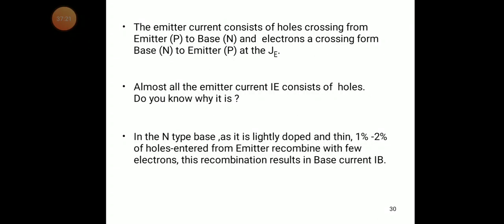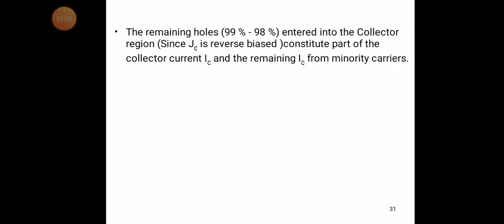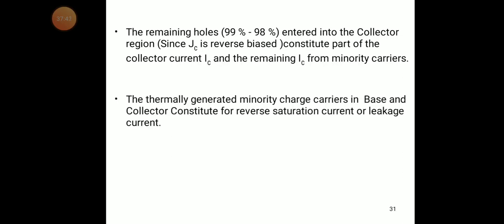This recombination results in base current IB. The remaining 98% to 99% of holes enter the collector region, since the collector junction is reverse biased, and constitute part of the collector current IC, and the remaining IC is from minority carriers.